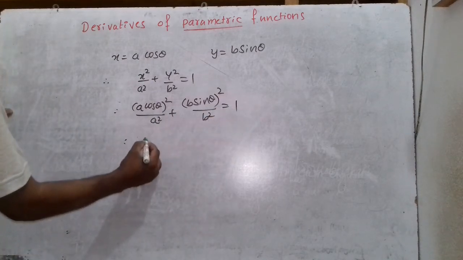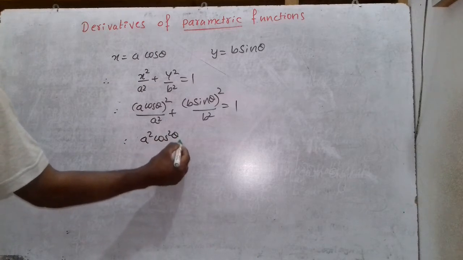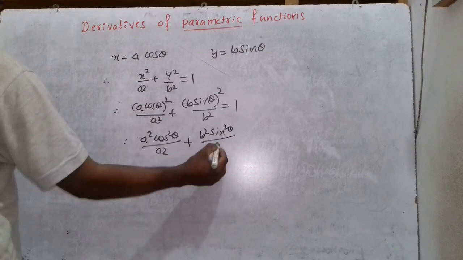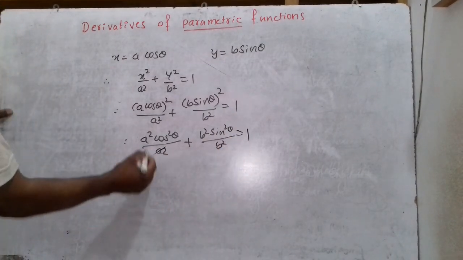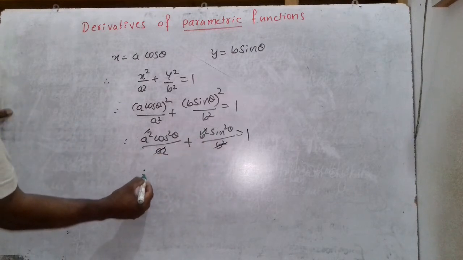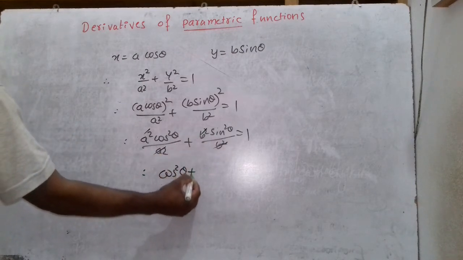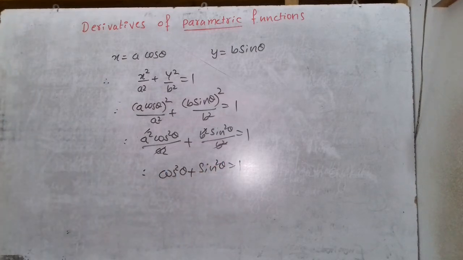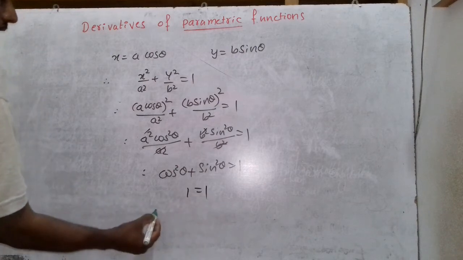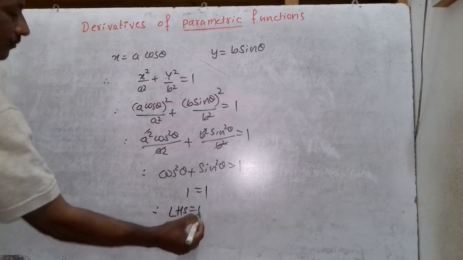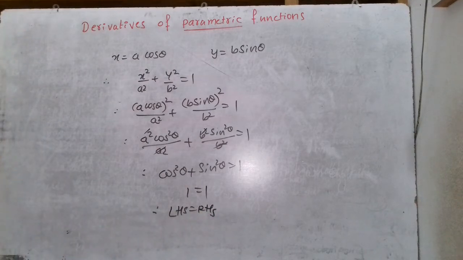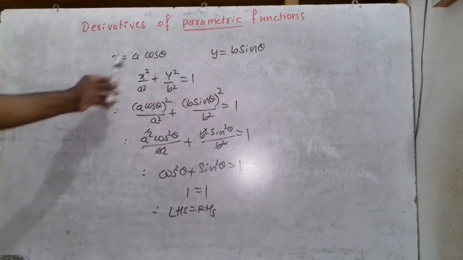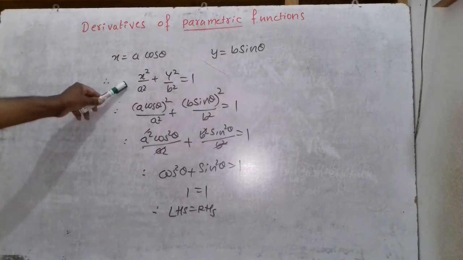The square becomes a square cos square theta by a square plus b square sin square theta divided by b square equal to 1. A square cancels, b square also cancels. Therefore cos square theta plus sin square theta equals 1. The value of this is equal to 1, and the right side is also 1. Therefore LHS equals RHS. So x equal to a cos theta, y equal to b sin theta together satisfy the equation of the ellipse.